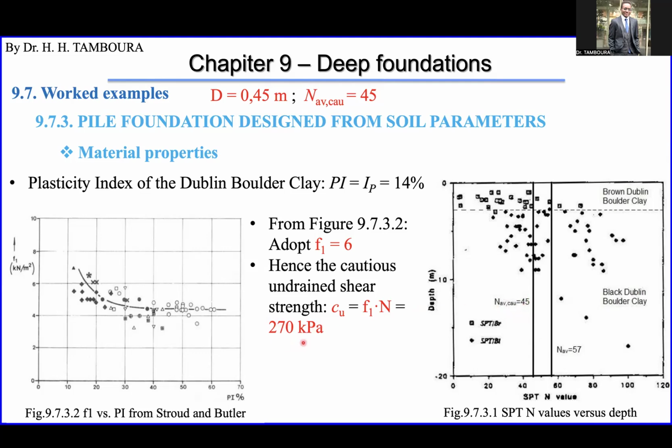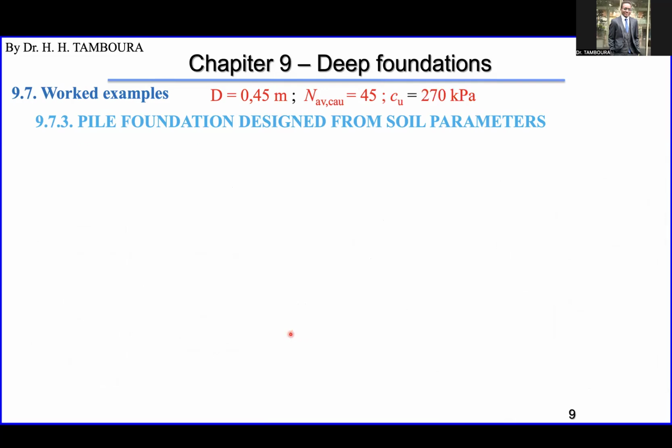We will then get the undrained shear strength c_u of the clay as a soil parameter. We will determine the capacity from this value, 270 kilopascal. So let's keep this here.